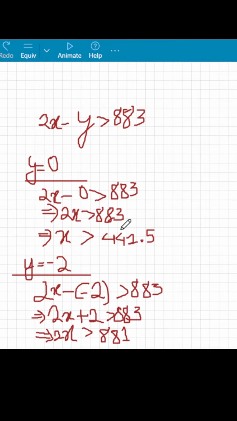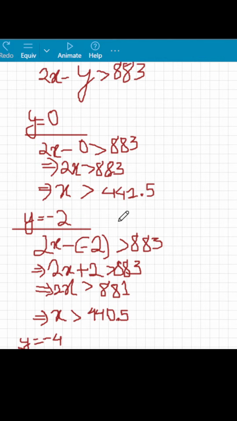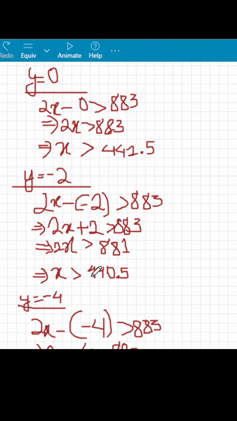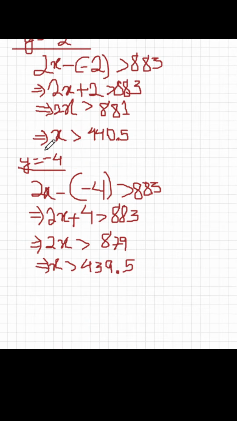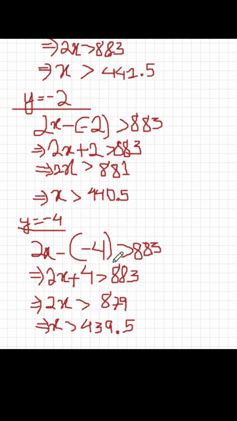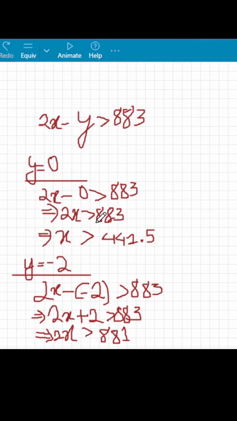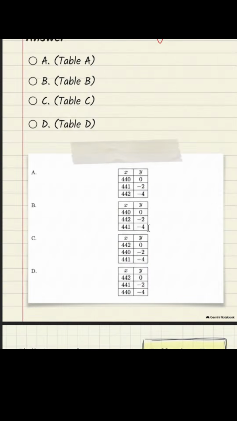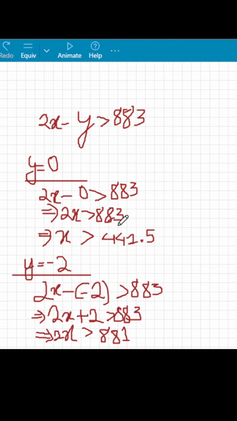So for the three corresponding values of y, for 0, x should be greater than 441.5, for y is -2, x should be greater than 440.5, and for y is -4, x should be greater than 439.5. Now from this we can see that for 0 it should be greater than 441.5.